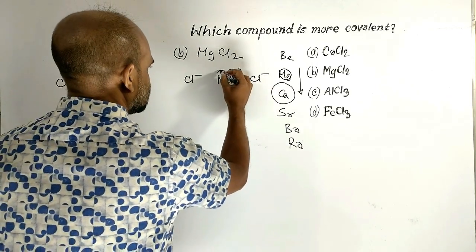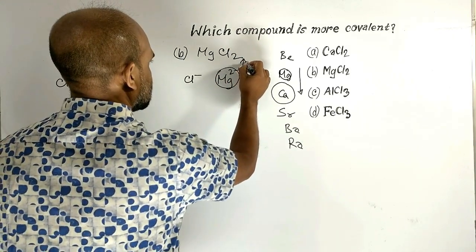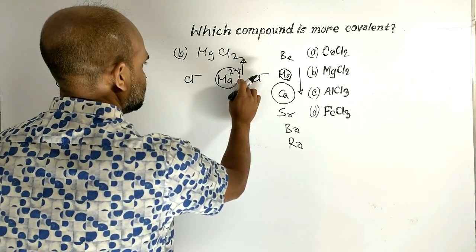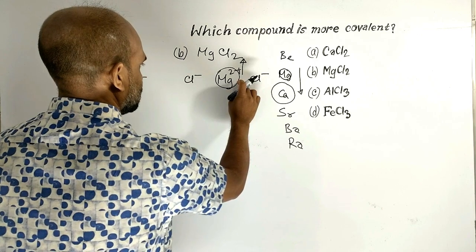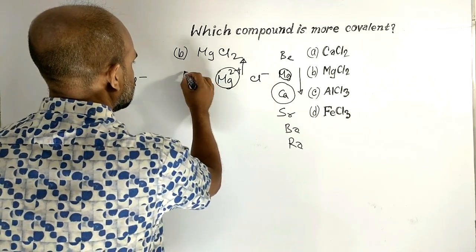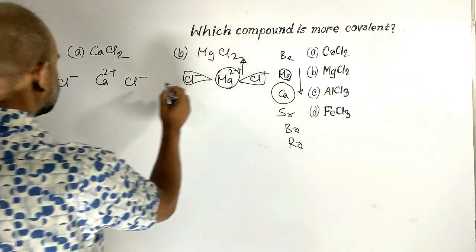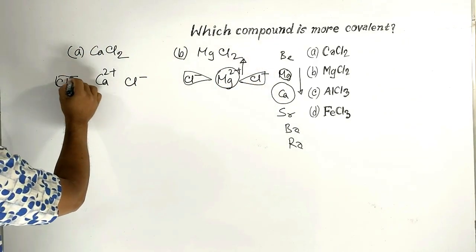So in this case, positive charge density is higher. So it can polarize the chloride ion maximum compared to calcium chloride.